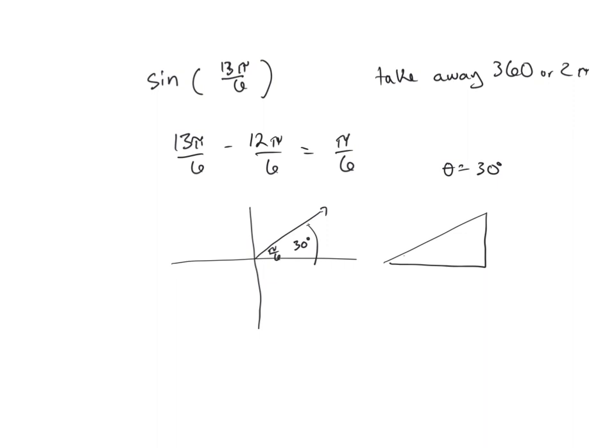If this is 30, if I drew this triangle, this is 1, this is root 3, this is 2. So I know my coordinate has to be root 3 over 2, comma 1 over 2 for my x and my y. And so to find the sine of 30 degrees, that is opposite over hypotenuse, 1 over 2. So the sine of that must equal 1 over 2. Just like that.